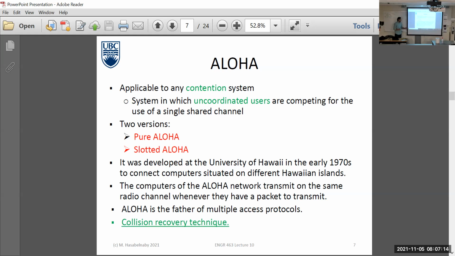We consider it as the father of the multiple access protocols. ALOHA is suitable for networks where users are competing for use of a single shared channel. ALOHA can be divided into two types: pure ALOHA and slotted ALOHA.